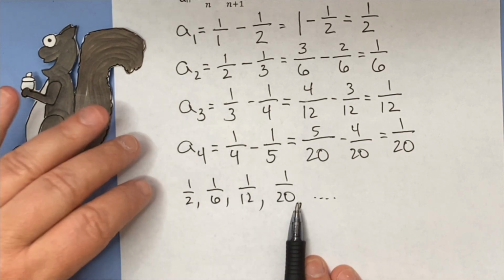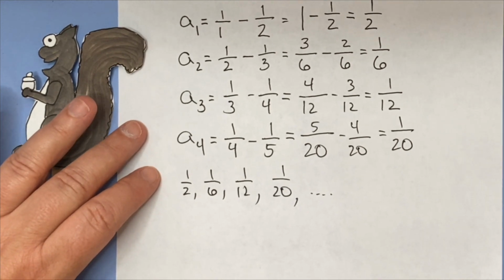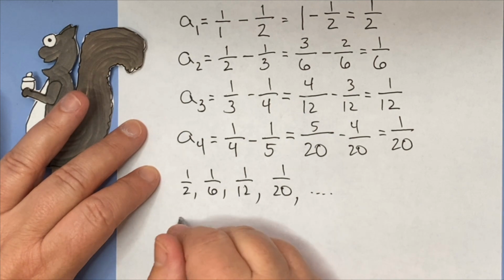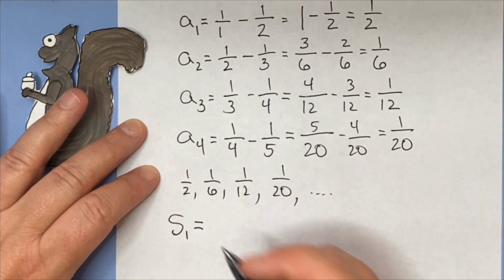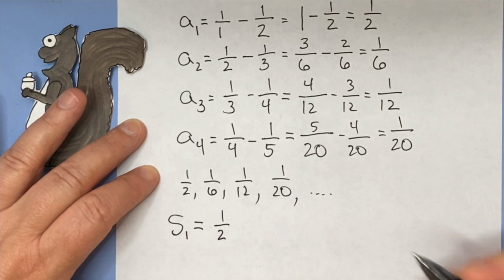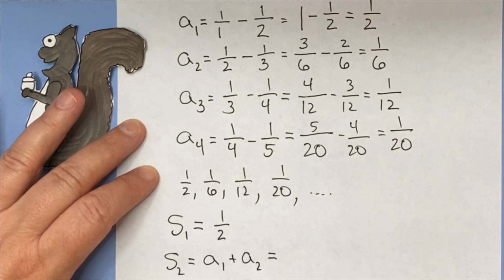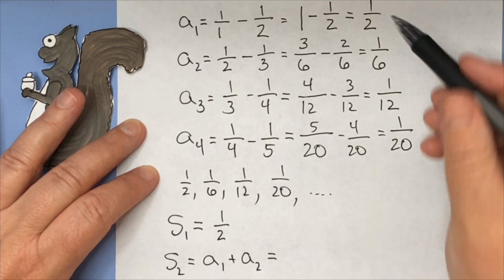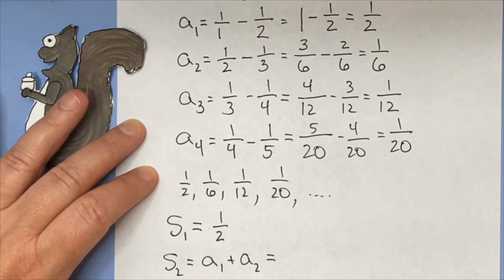So here's the thing: the study of sequences is purely patterns. S1 is always the easiest one. It's just whatever A sub 1 is. So that's 1/2. Good. S2 is A sub 1 plus A sub 2, right? I could say it's 1/2 plus 1/6, and then we do some work. But that's not what I'm going to do.